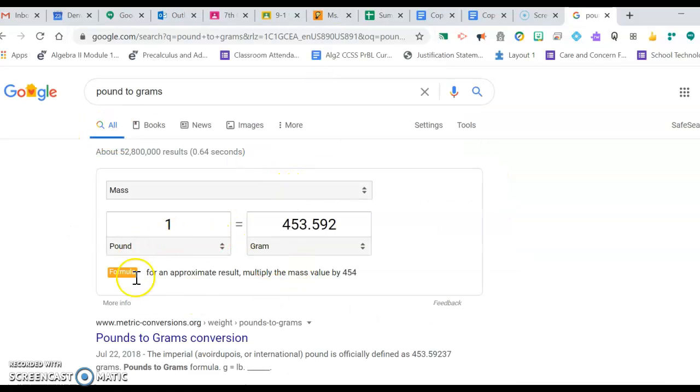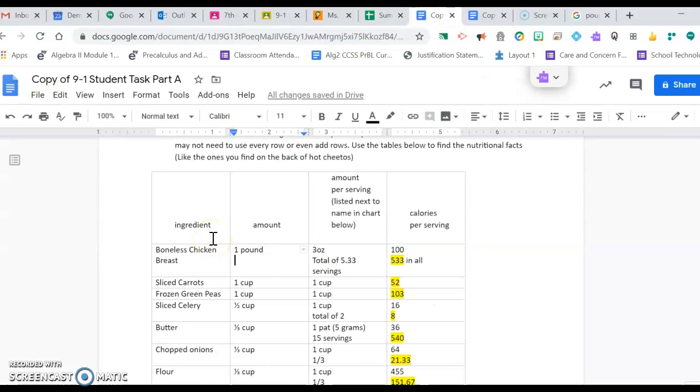It's going to come up with a converter. Okay, so I know that 1 pound will equal 453.59. So my first one is 453.59 grams.